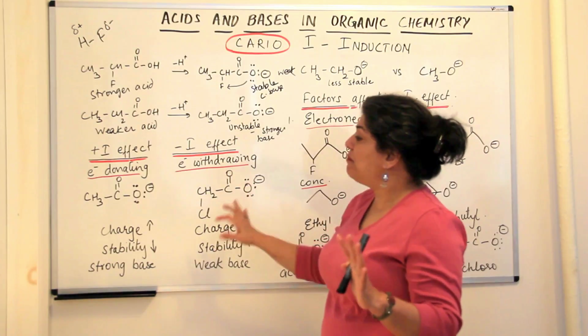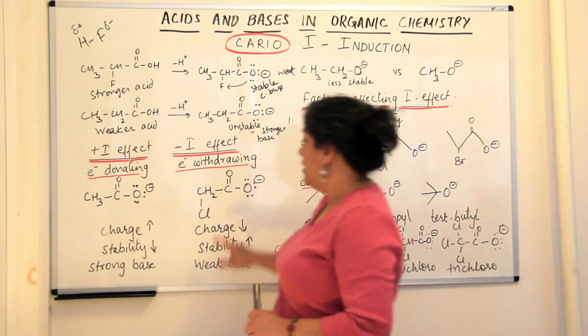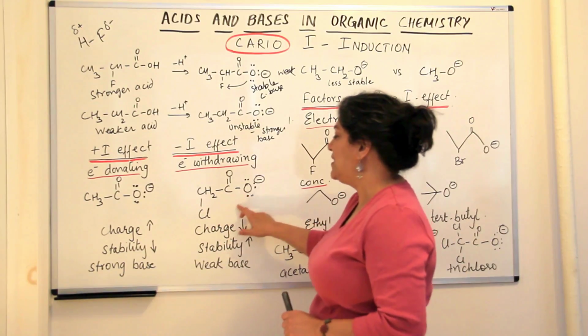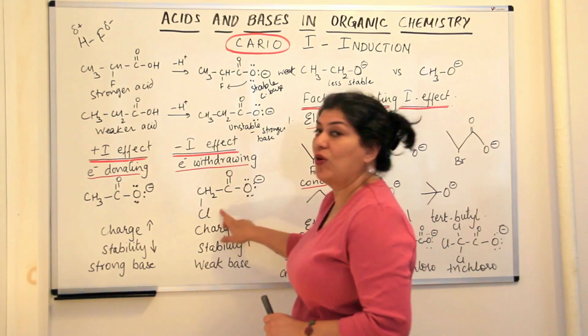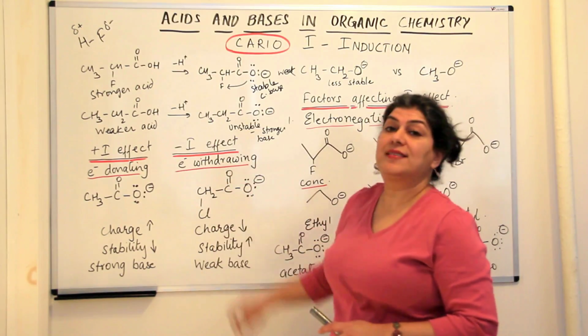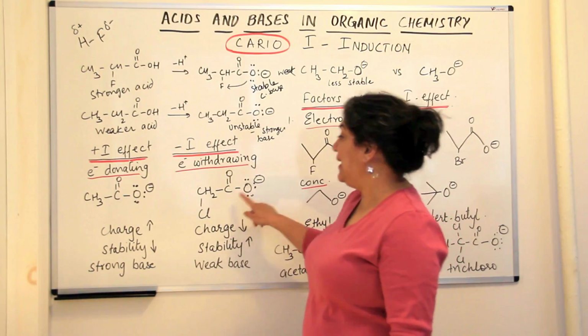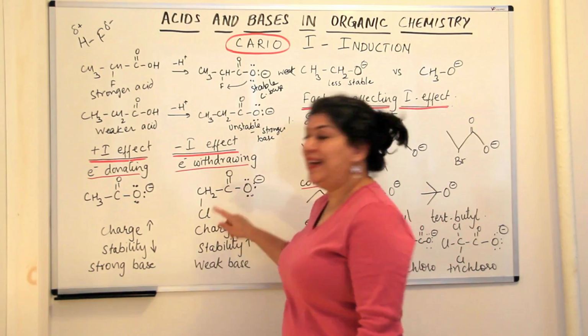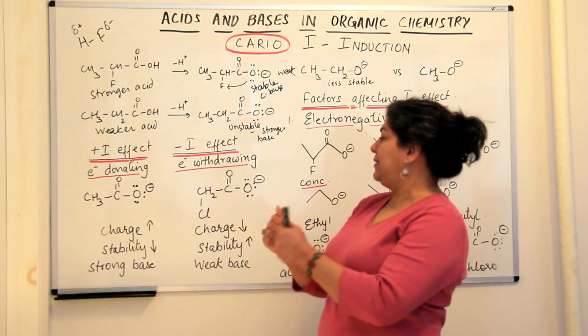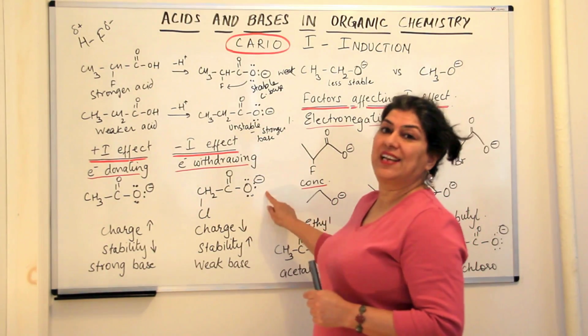So chlorine is much more electronegative than the hydrogens or the carbon here. So this chlorine will have the tendency to help out with the sack of sand, and therefore it will make the ion stable due to -I effect. It would be electron withdrawing, it would pull the electrons towards itself and make the ion stable. That is, it would not let it lose that electron.